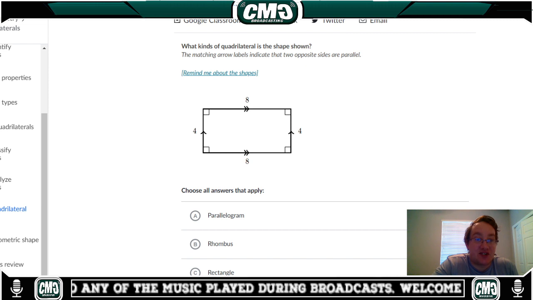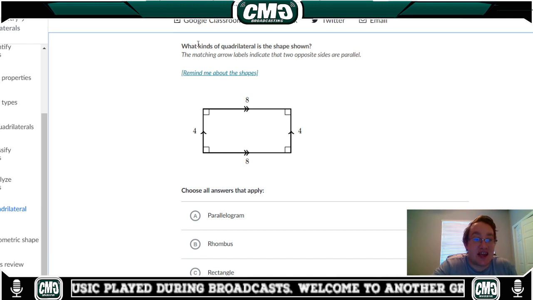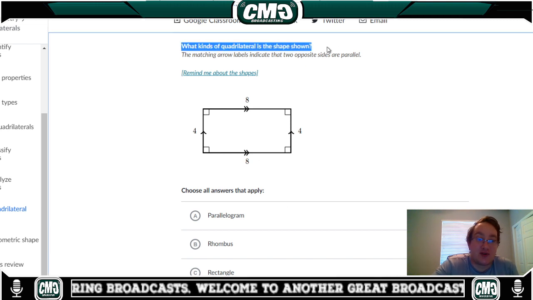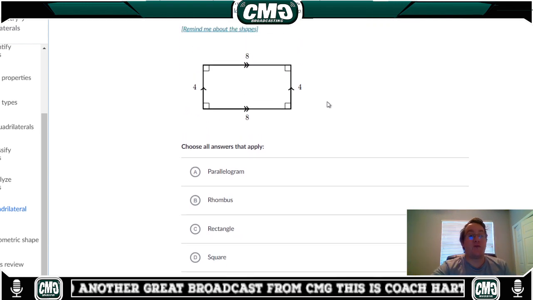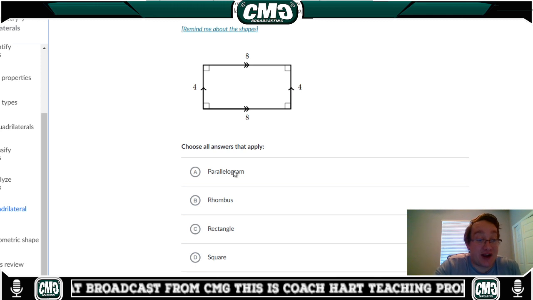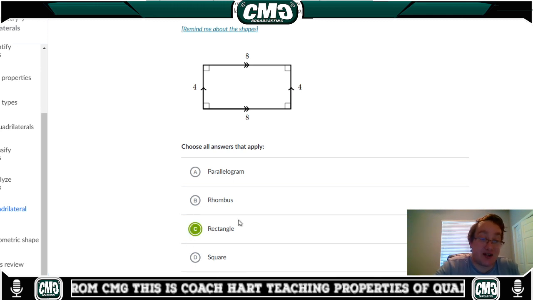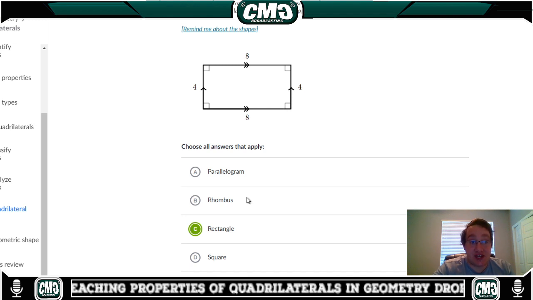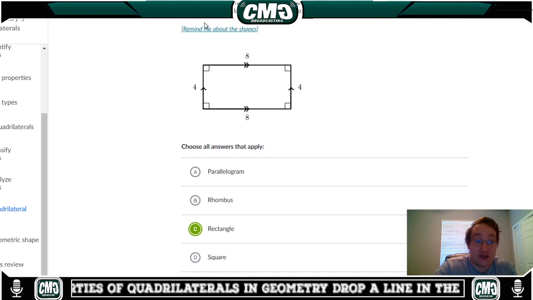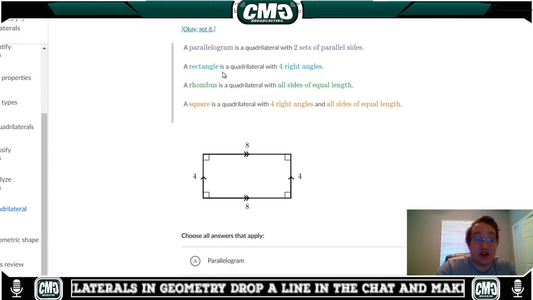Now taking a look at the next one. Here it's just saying what kind of quadrilateral is shown. Notice, if we look at this right away, hopefully we're all going to say that's a rectangle. 100% that's a rectangle. But we have to check the others to see if it works for those. If we're having problems, you can click Remind Me About Shapes, and it'll list what each one of these should have.